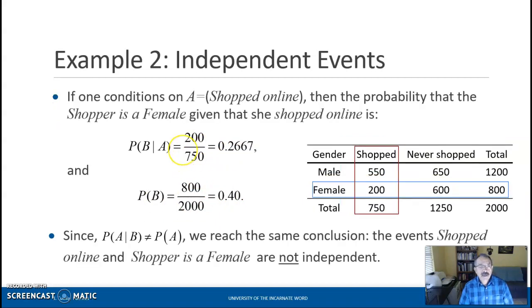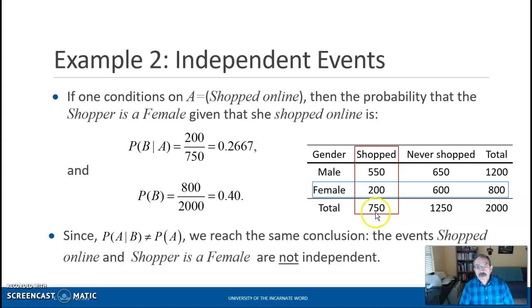Now, if you decide to go the other route and condition on shopped online, then the probability that the shopper is a female, given that she shopped online, is, now we're conditioning on shopped online. So right here, that's a red square.